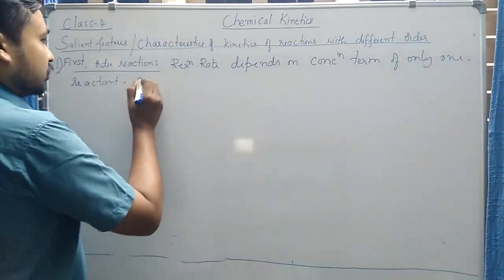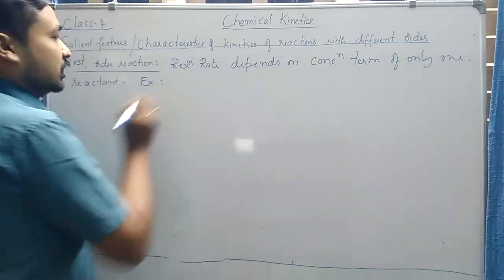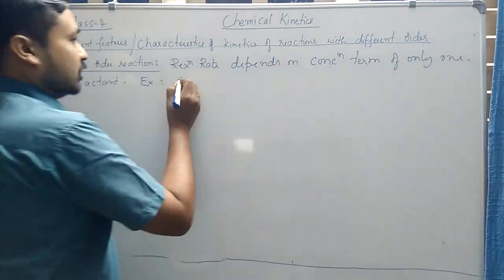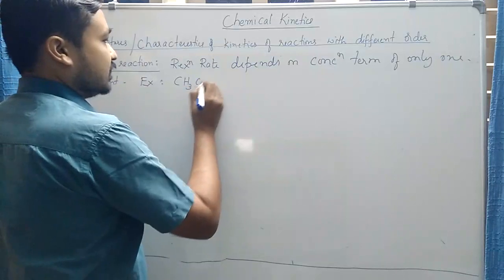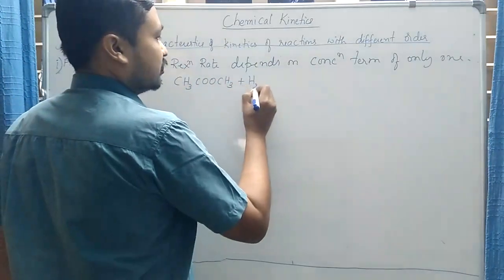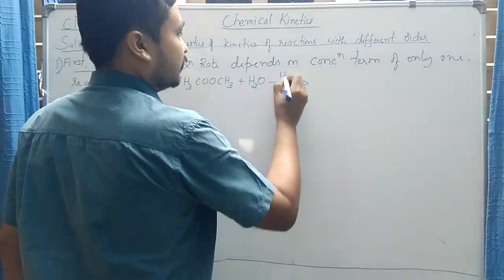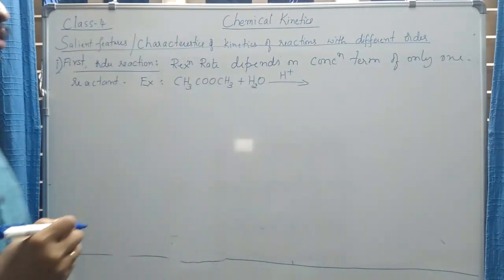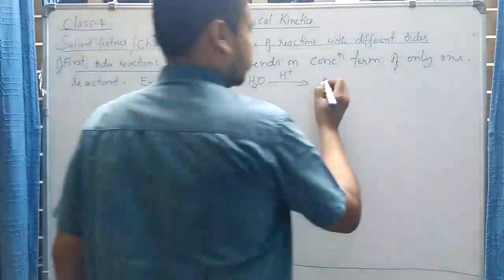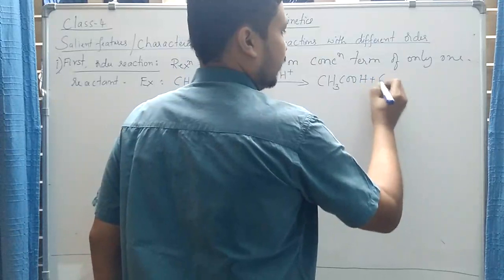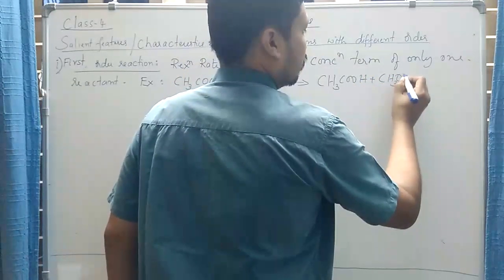The example for such a reaction is the well-known acid catalyzed hydrolysis of an ester. So for example, if I take methyl acetate, CH3COCH3, in the presence of a few drops of HCl or sulfuric acid, it undergoes hydrolysis to give the respective acid and alcohol.